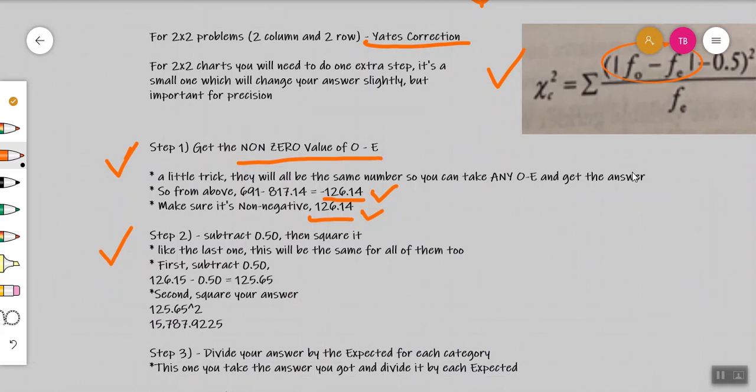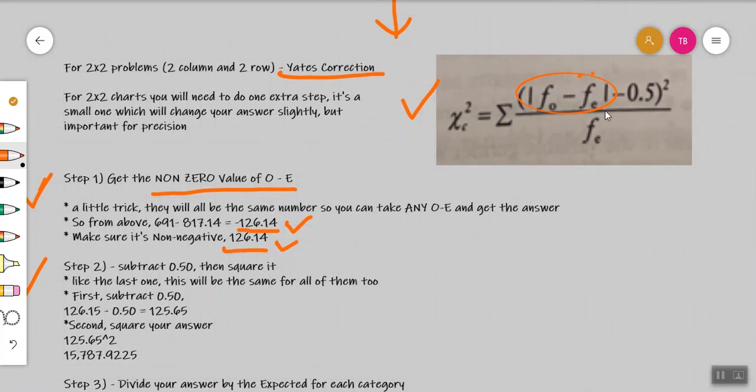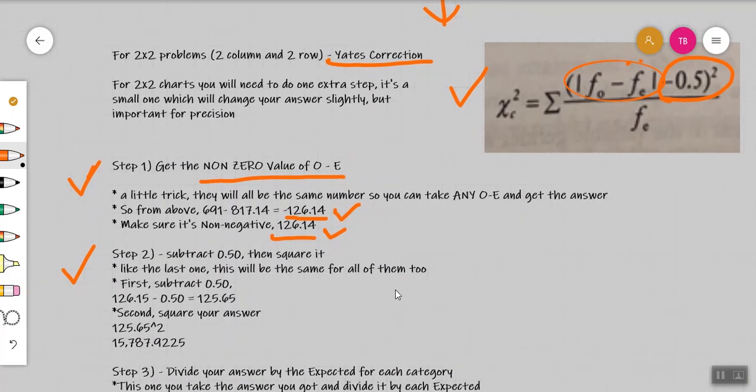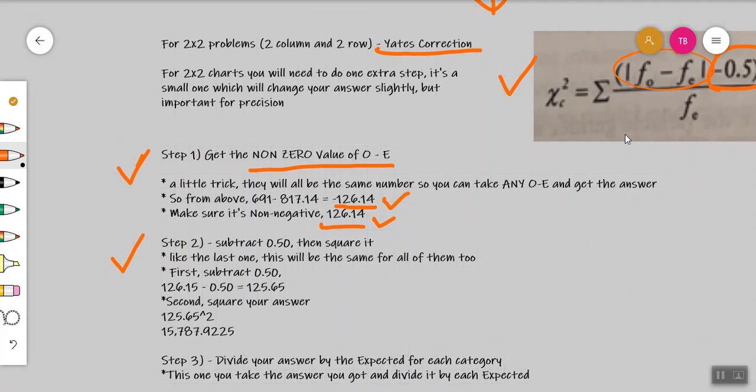Step 2 is this part right here. If you look at the formula, you're going to subtract 0.5 from the number you just got, and then square your answer. I'll show you what I mean.